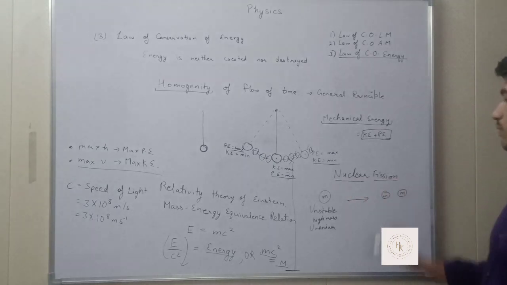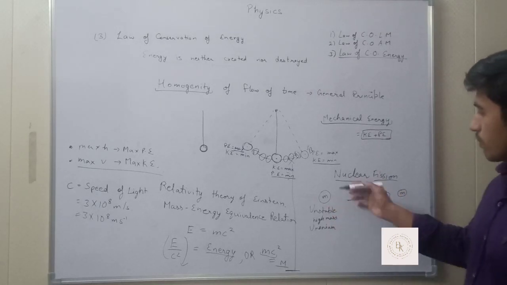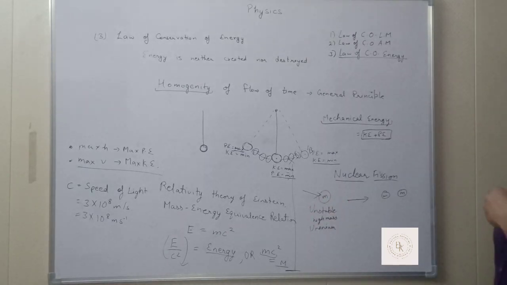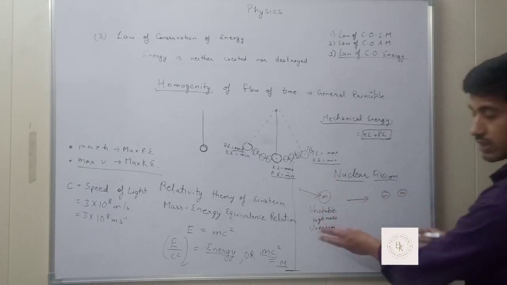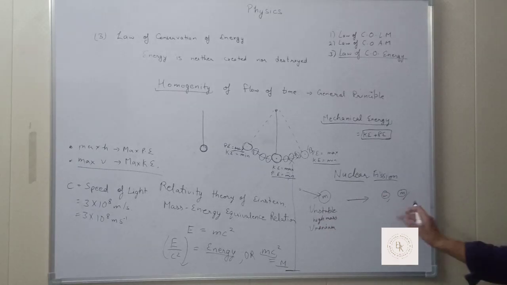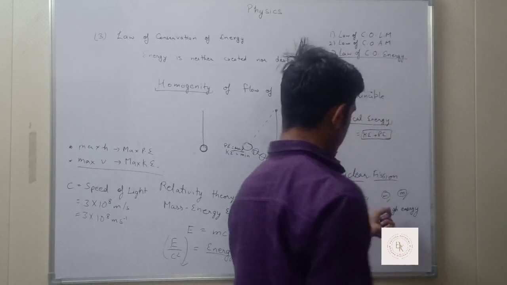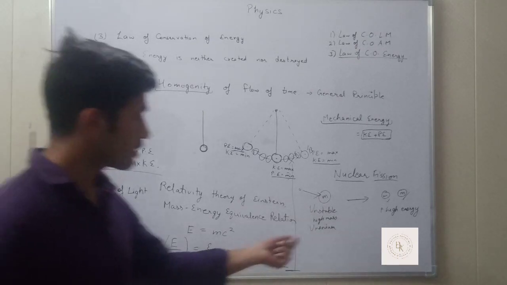with the help of nuclear fission, once this gets converted into two smaller masses by any mechanism, let's say we hit it with a very strong, fast-moving particle. When the particle hits it, because of its unstableness, it gets converted into two smaller masses. These smaller masses get ejected with a high energy. As we say, the high energy can be equivalent to mass.